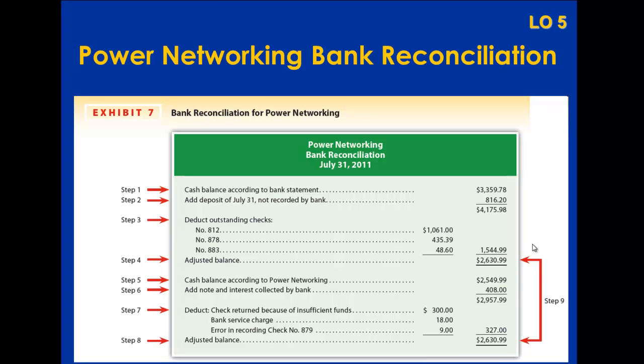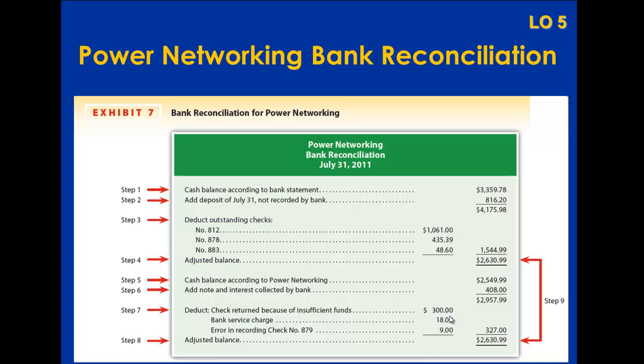Now, based on this bank reconciliation, we can see there were some deposits in transit and there were several outstanding checks, right? So basically, when you're looking through your financial records, these outstanding checks would appear in your records, but they would not appear on the bank statement. And that would indicate to us that the bank doesn't know that these exist. Okay? So those are what our outstanding checks are.